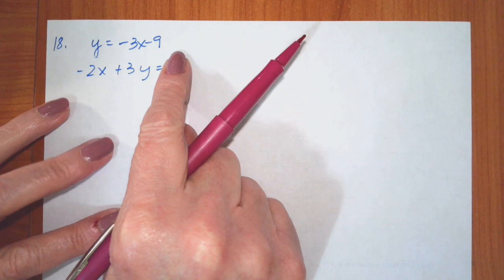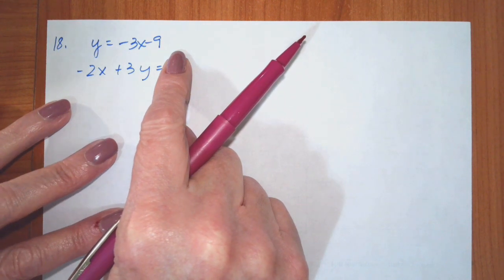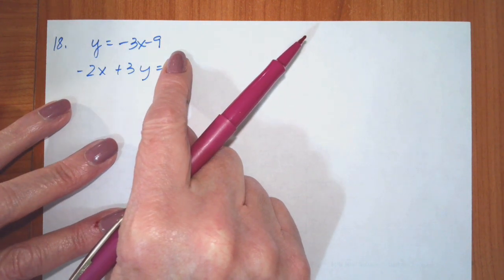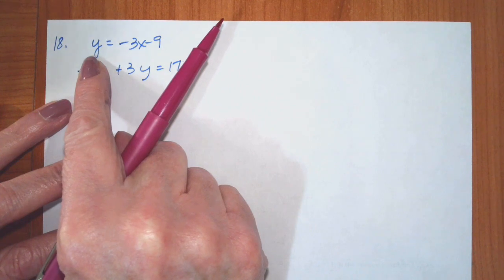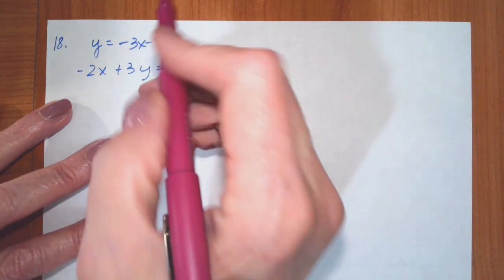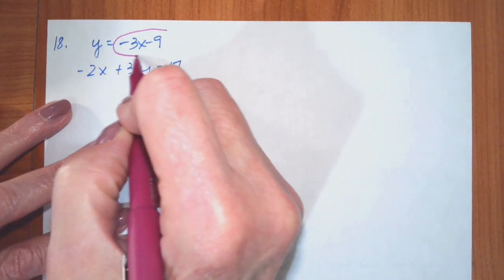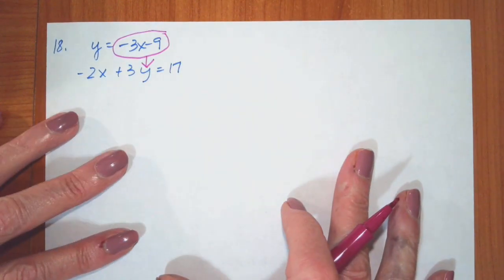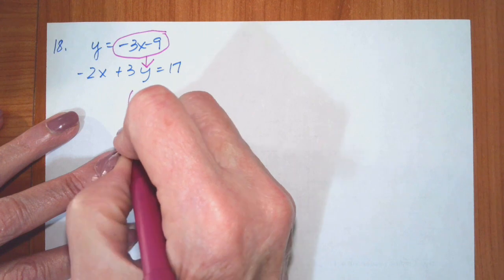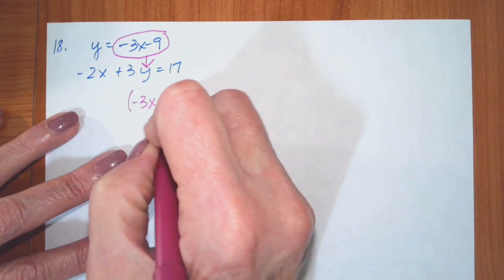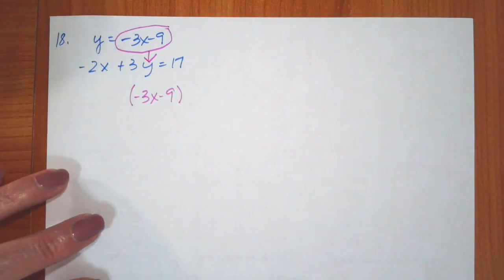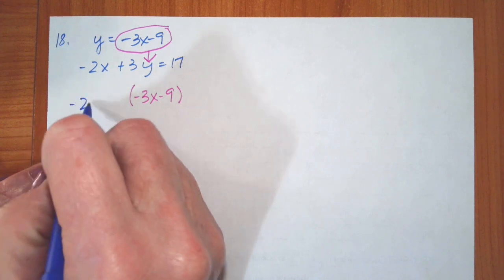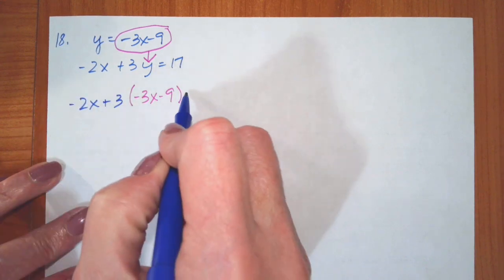Well, this already tells me what y is the equivalent of. So it's just like having 4 quarters or a dollar bill. They're the same thing. So I can take this and I can replace the y in here, or substitute, and that will give me an equation with a single variable.